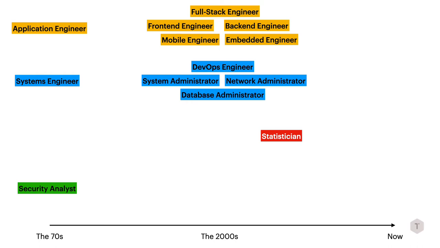But as the data field grew over the 2010s, the data role specialized into data scientists who combined statistician skills with programming, and data engineers who ensured data was collected and stored in a consistent and reliable way so it could be analyzed by data scientists or other parts of the business.